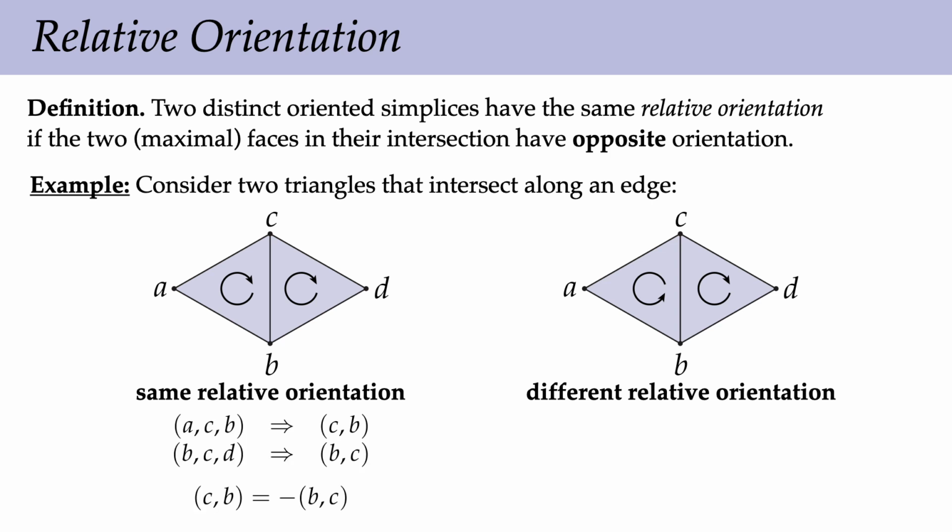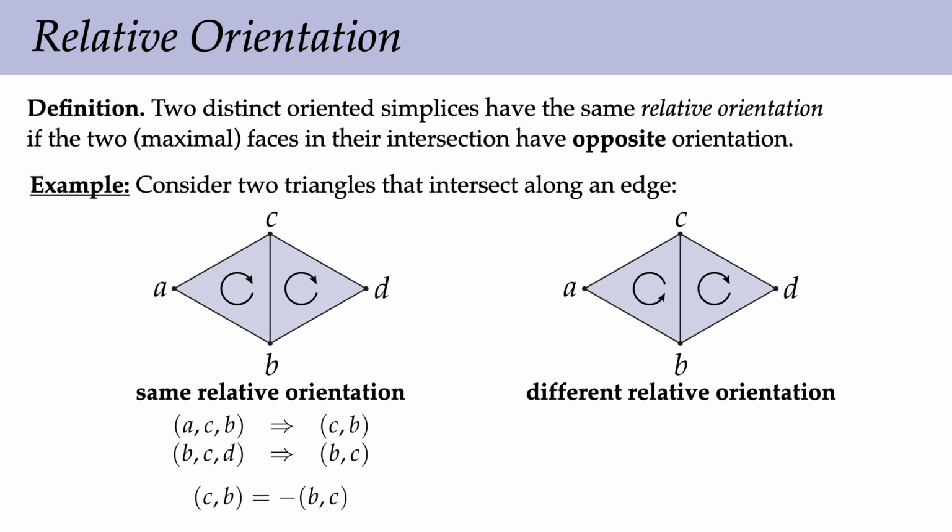So maybe helpful to write this out, right? We can say on the left, we have triangle ACB, and the edge of that triangle goes from C to B. For triangle BCD, the edge goes from B to C. Since CB is equal to minus BC, we actually say they have the same relative orientation.